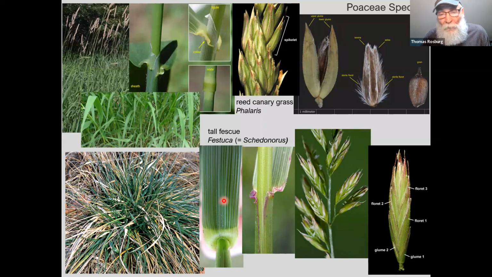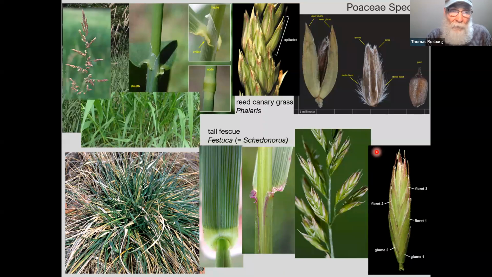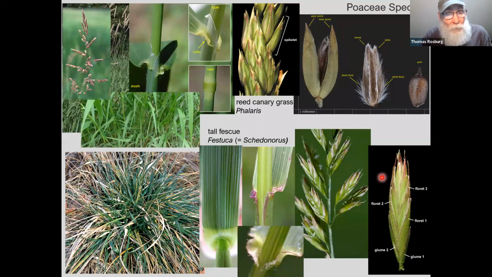Now, there's two Festucas, or Pseudonoris, I should say now, tall fescue and meadow fescue. And meadow fescue is going to look a lot like tall fescue. The way you separate them is you look at those auricles that again are wrapping around the stem at the base of the blade.